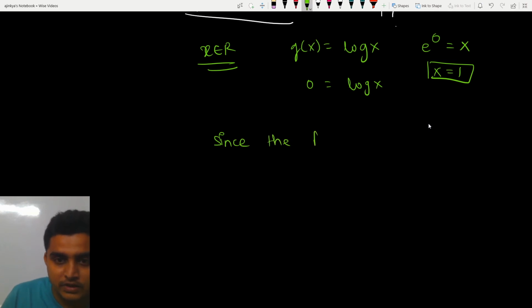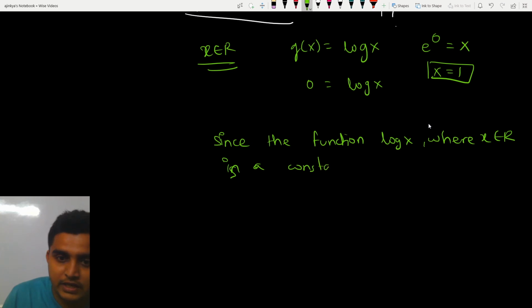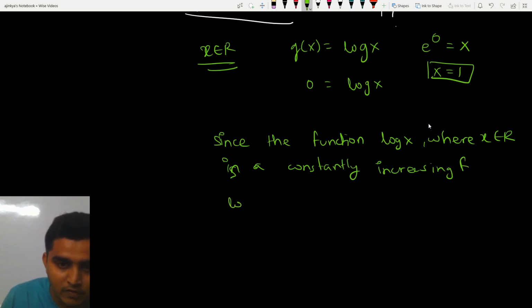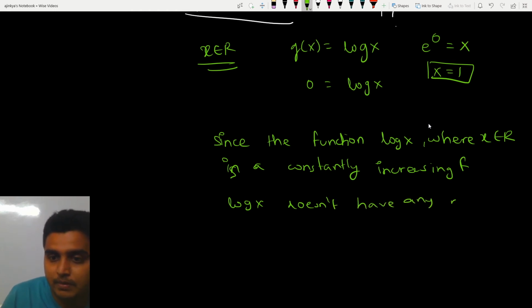Since the function log of x, where x belongs to R, is a constantly increasing function, log of x doesn't have any minimum or maximum value.